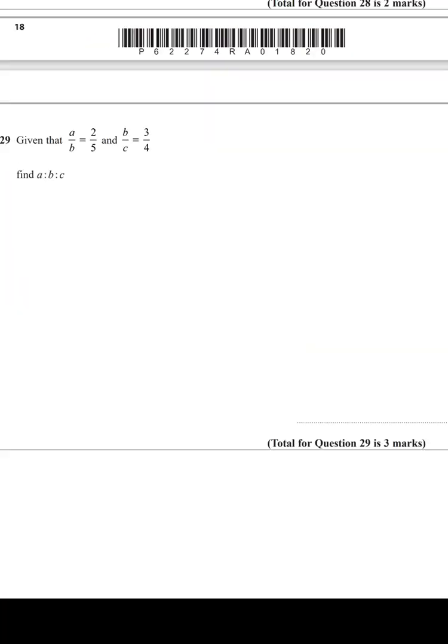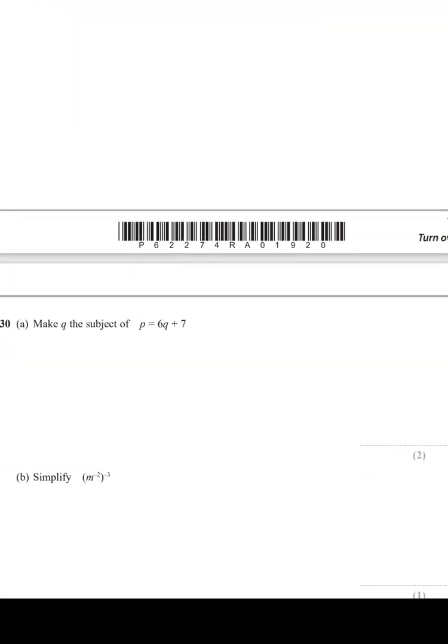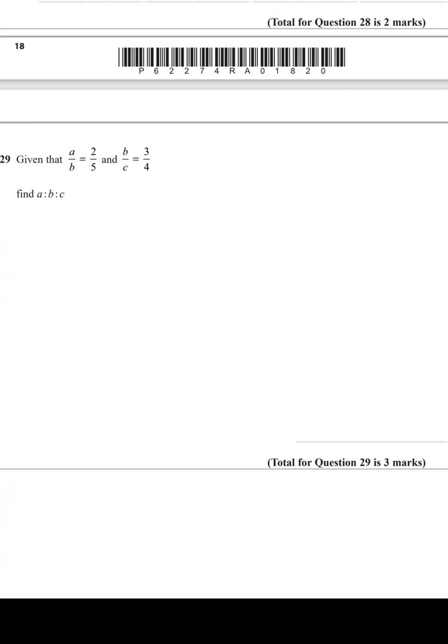Right, it's got to be the last question. Oh no. Right, okay. So given that, find A to B to C. So we've got A to B is 2 to 5, B to C is 3 to 4.